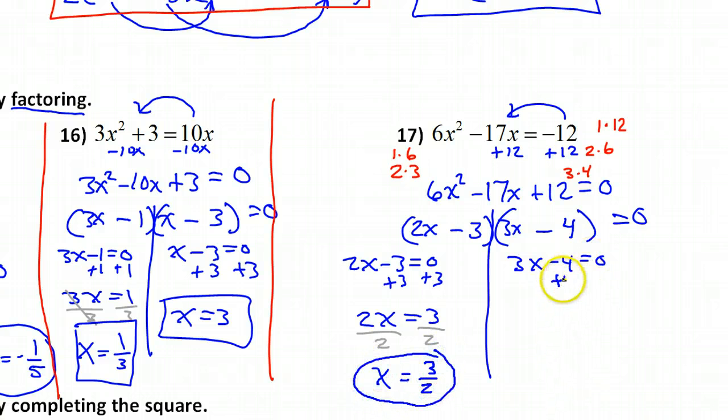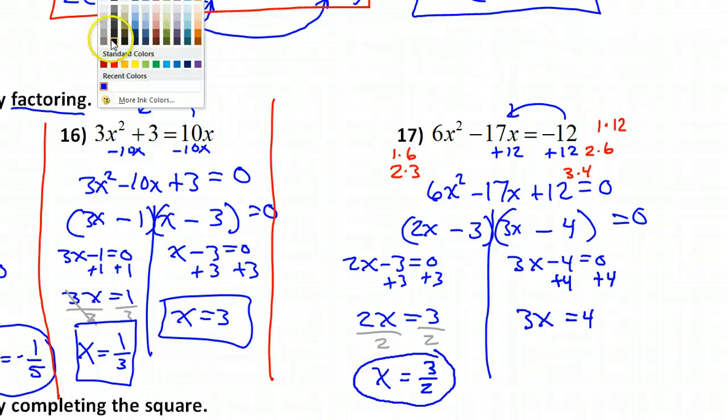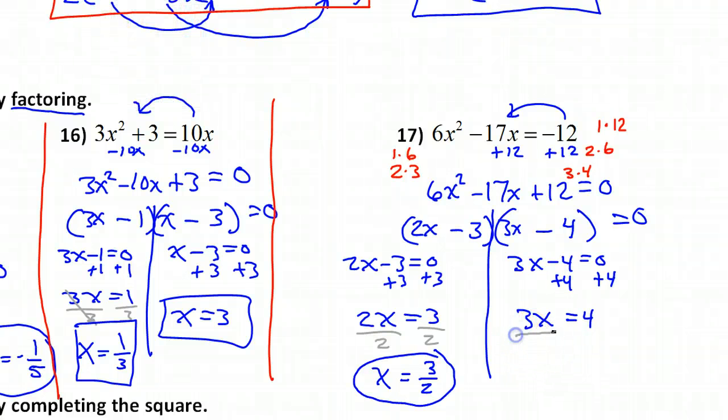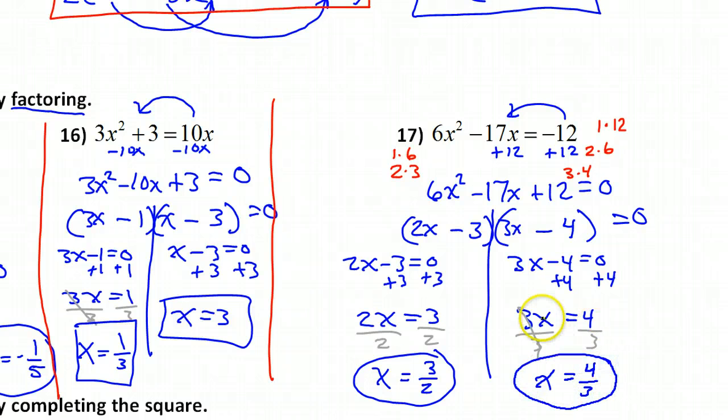Meanwhile over here, if I add 4 to both sides, I get 3x equals 4. If I divide both sides by 3, I get x equals 4 over 3. So that's how you do number 17.